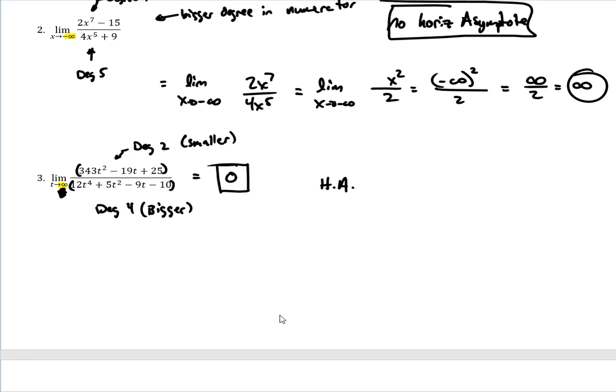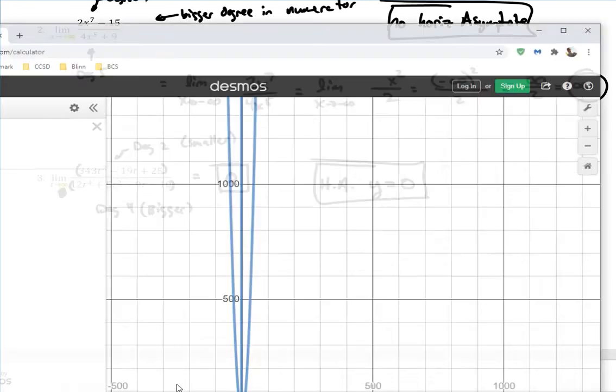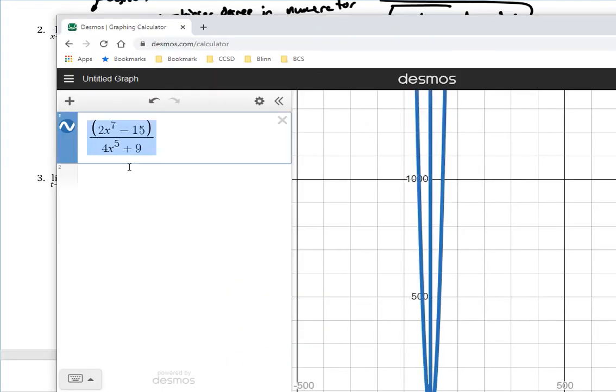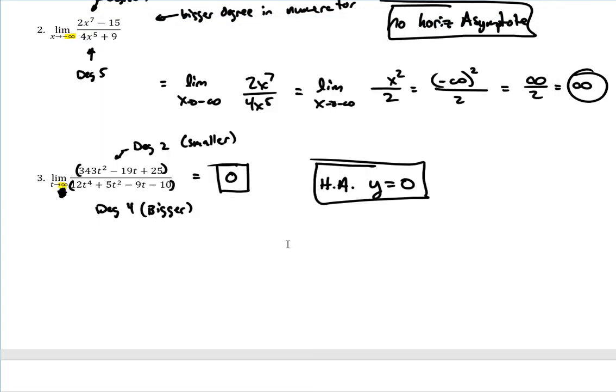Okay, and that means our horizontal asymptote is y equals 0. Okay, so you could plug this in. I'm going to skip that, but change them to x's, though, in the program. So if you do plug it in, make sure they're all x's in this line. You could verify, yes, to the far right, it's going to be heading toward y equals 0.